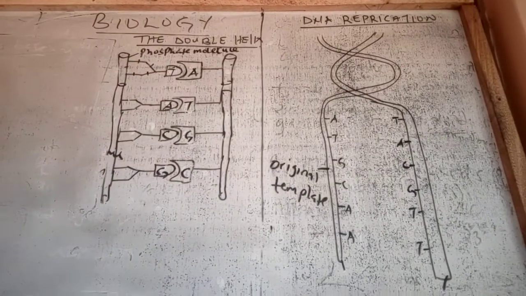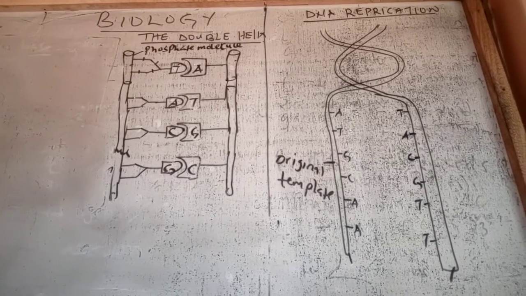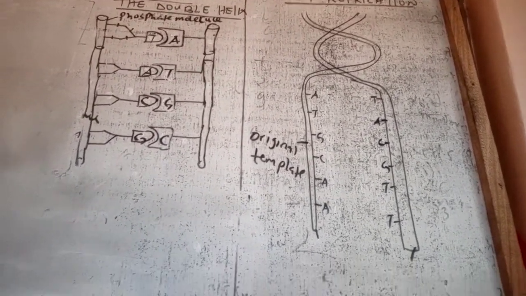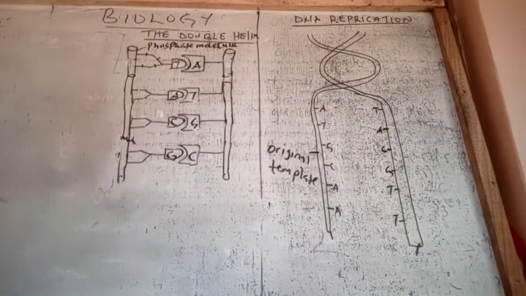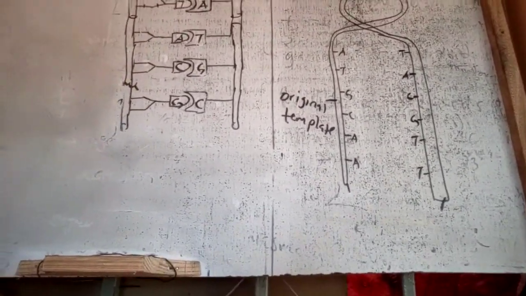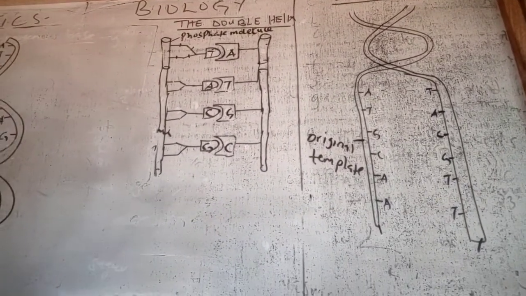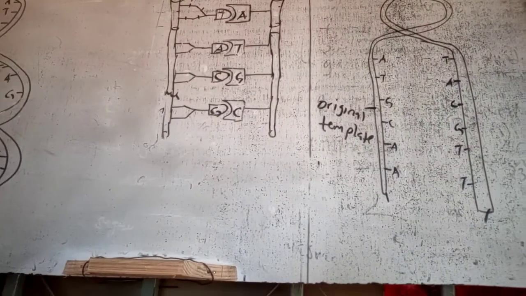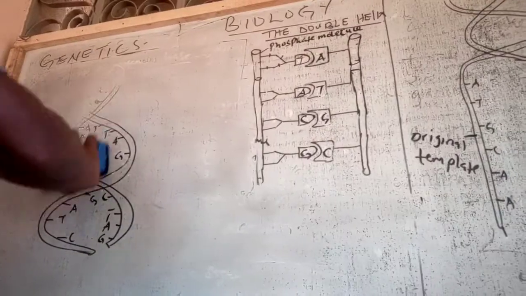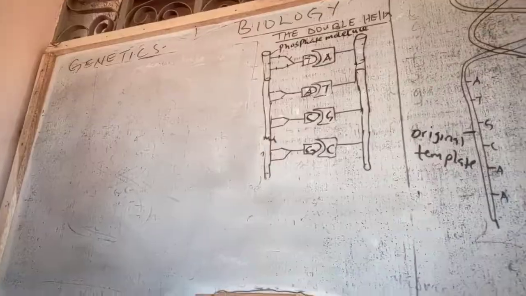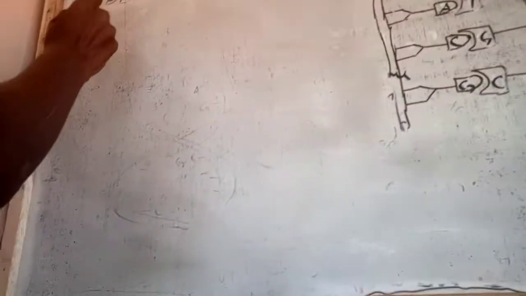The second role of DNA is to enable the transfer of genetic information unchanged to daughter cells through replication. I think it is very important, so I write them so that you can easily remember whenever you are asked in an exam.